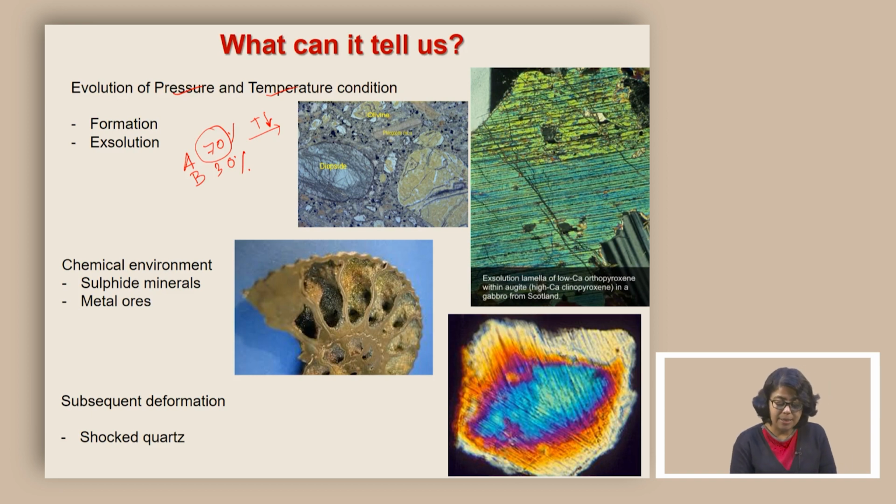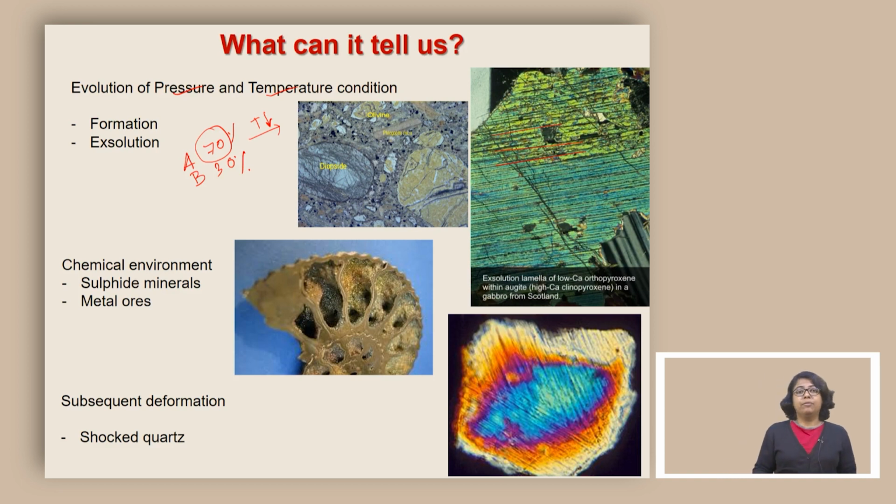So, in that case A will try to come out of the mineral structure, and that creates a pattern which is called an exsolution, and we will find some of the lines which are corresponding to these exsolved material, and that tells us that the original temperature changed over time, and therefore, you are finding these exsolution patterns.